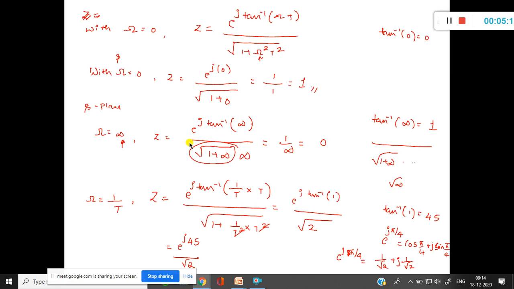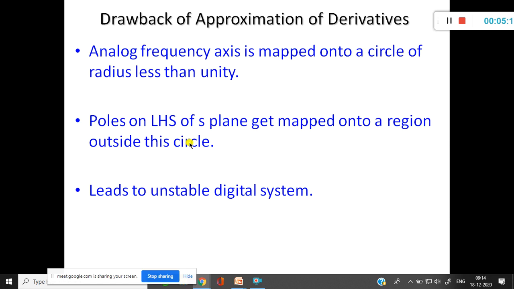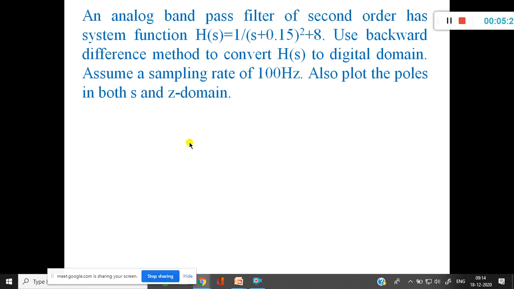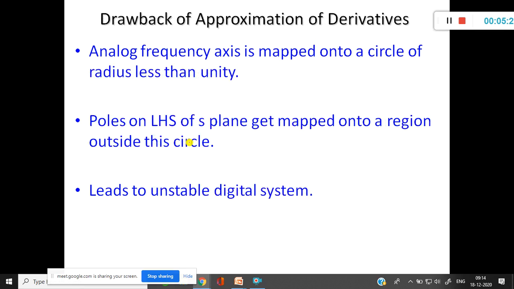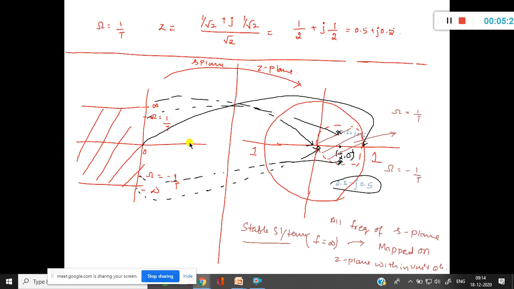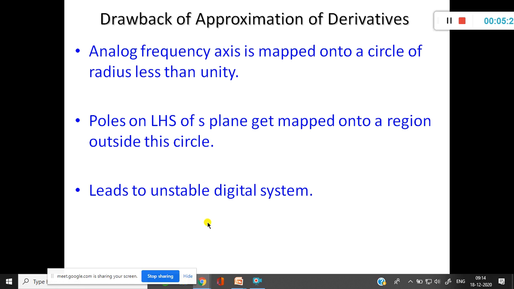Now in this session we will move on to solving some examples. One of the main differences that we observe from impulse invariance to this is, in the impulse invariance method, if you remember, the frequency mapping was from minus omega by T to plus omega by T only.